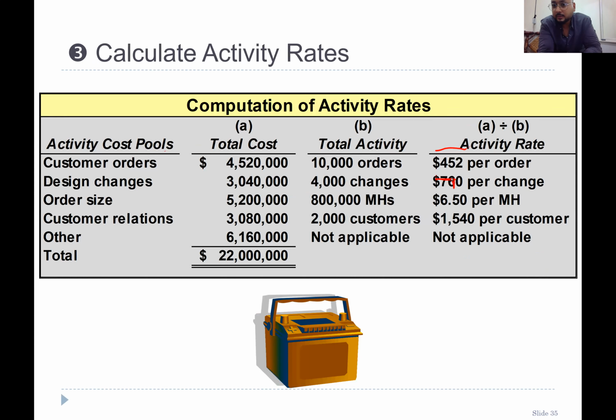Design changes 760, right? In short start, we don't have this because there is no design change required in short start. Order size, machine hours based on 6.5. Everything is mentioned, customer relation mentioned. So let's talk about that.